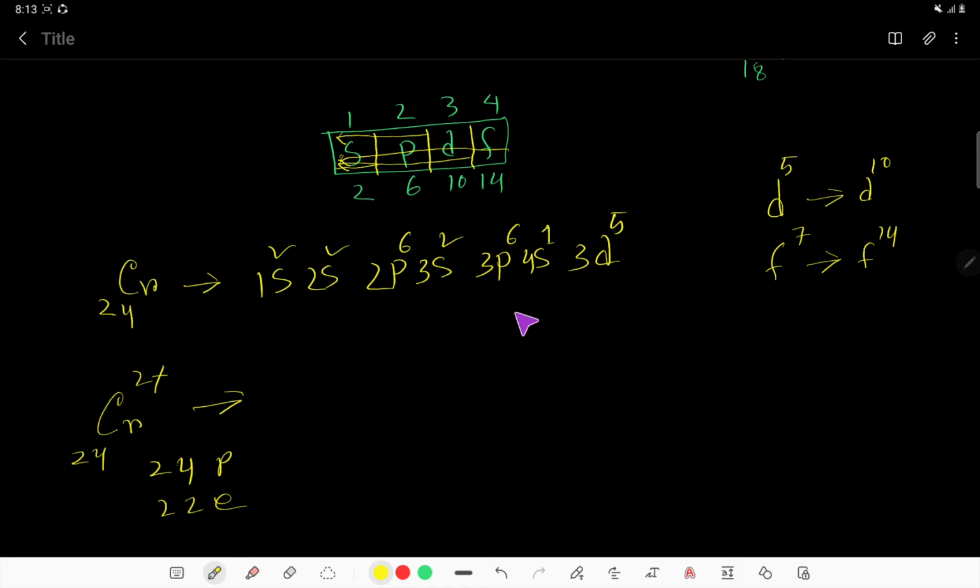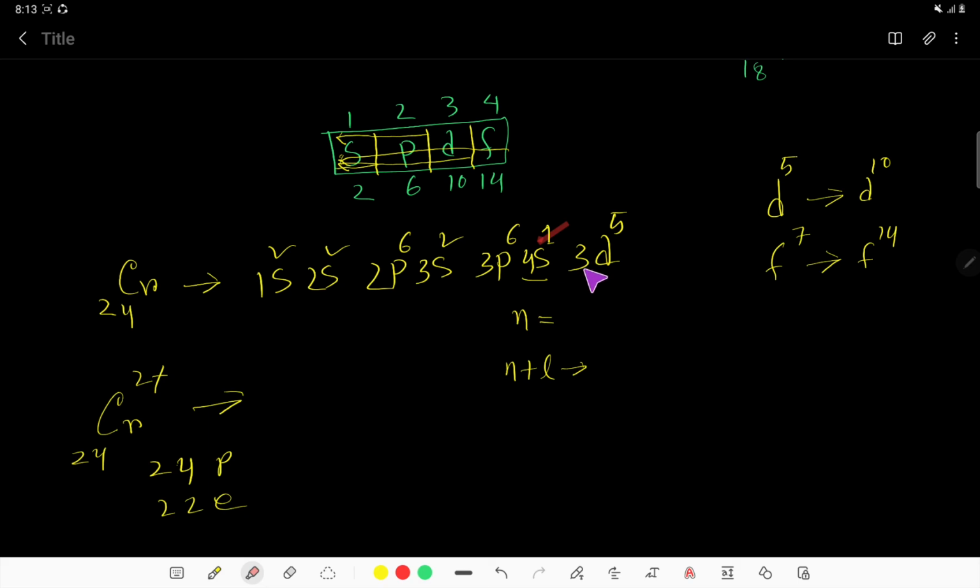To remove electrons, at first you need to remove from the highest value of n, and then you need to consider the n plus l value. So you need to remove 2 electrons. The highest value of n equals 4, but here we have 1 electron, right? So this electron will be vanished, and you need to remove 1 more.